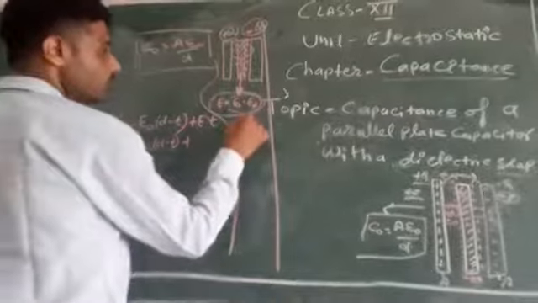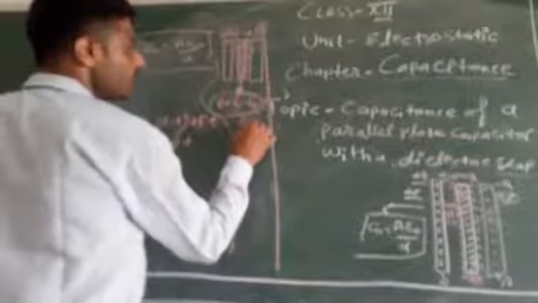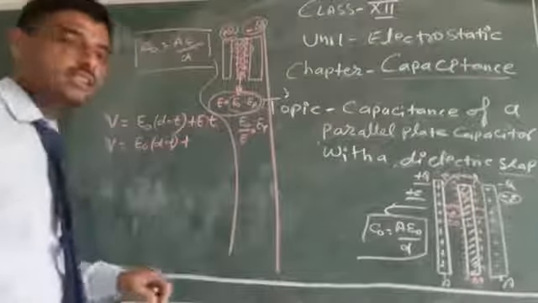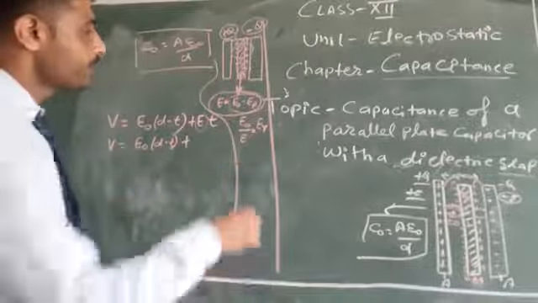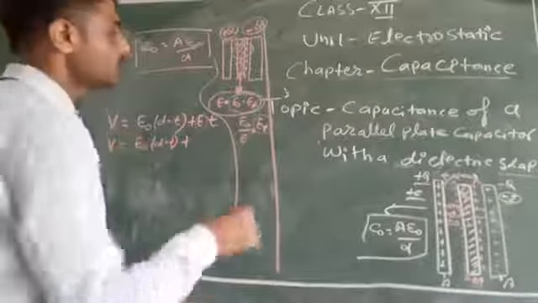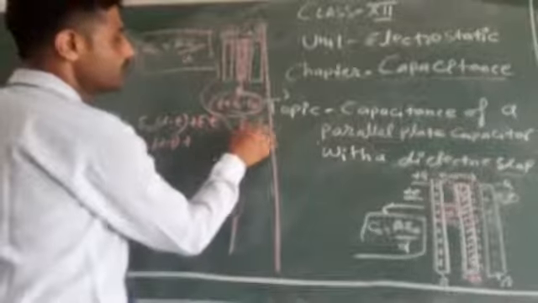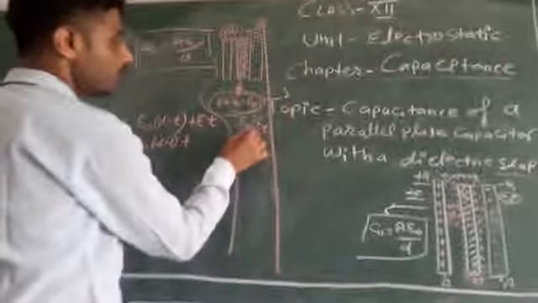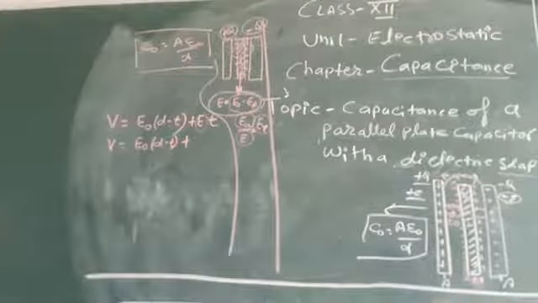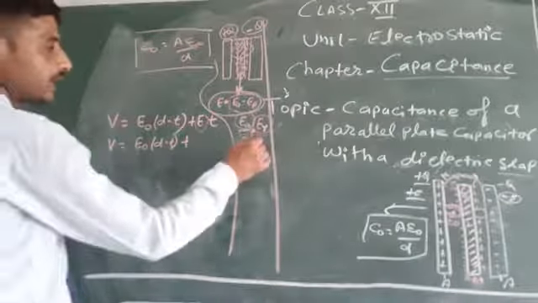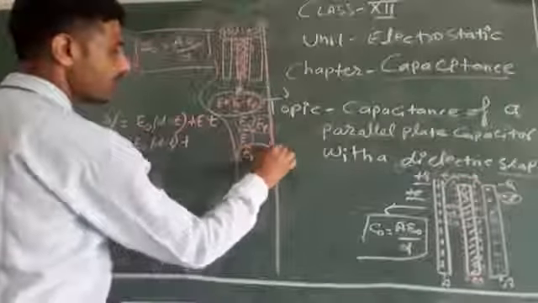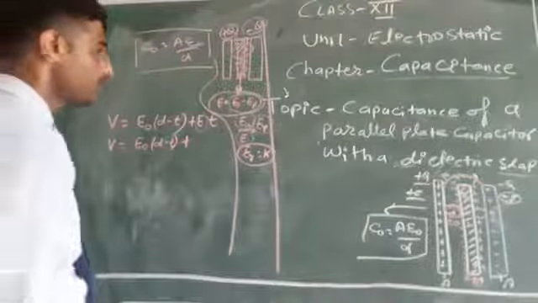So as you know, E naught upon E equals epsilon r. This is the relative permittivity. The relative permittivity is equal to the ratio of the electric field intensity through air to the electric field intensity through any medium. And this epsilon r is known as K, the dielectric constant of the medium.